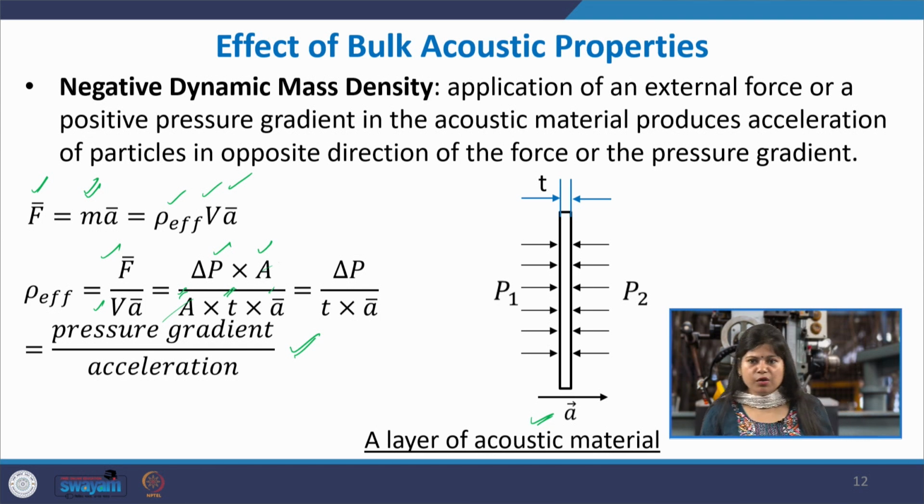That is what rho effective being negative means. It does not mean that there is no mass, there is some vacuum or a negative mass. It means that the response to the force or a positive pressure gradient is in the opposite direction. That is what it means.